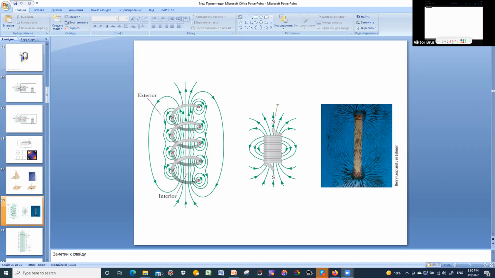So we kind of enhance magnetic field inside the solenoid, and we get quite decent uniformity of this magnetic field, specifically if this solenoid is quite long, so when the length of solenoid is much larger than the radius of solenoid.